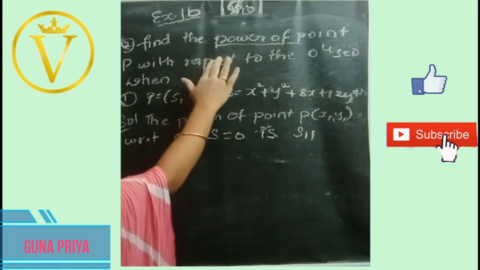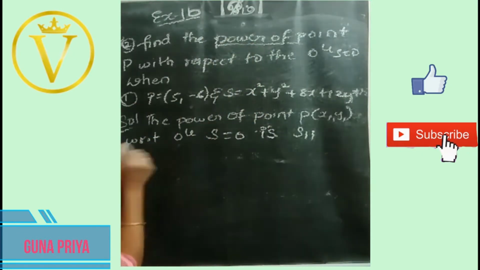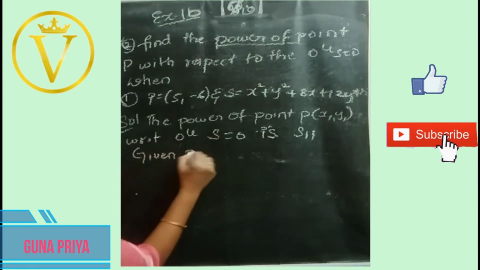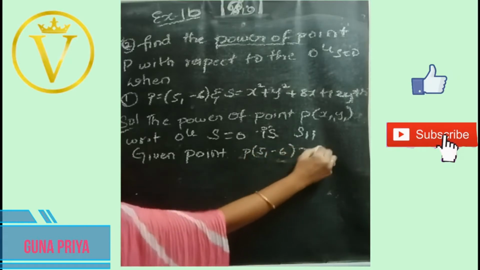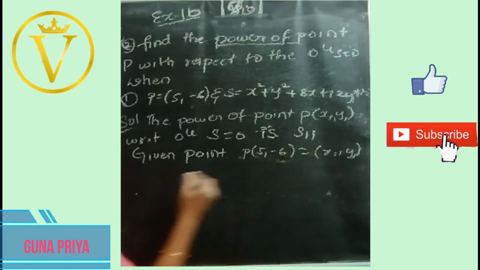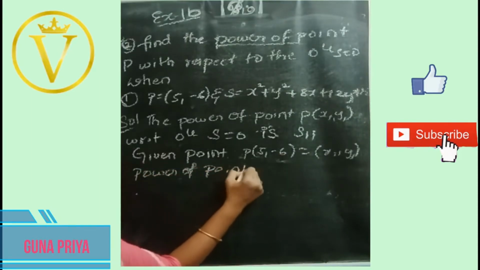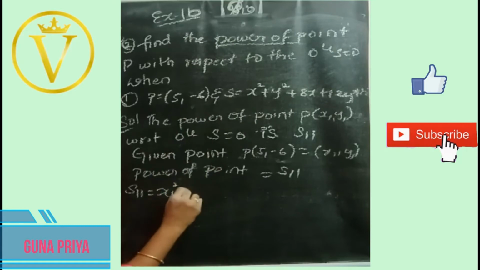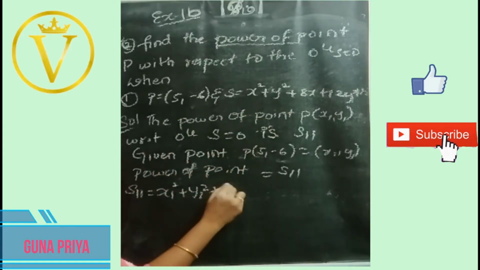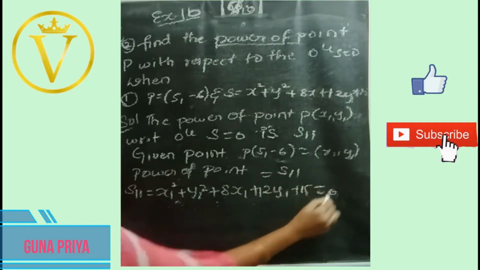Now in this question, the power of point means we have to find only the value. Given point P(5, -6) is (x1, y1). So the power of point is S11. Now S11 means x1 square plus y1 square plus 8x1 minus 12y1 plus 15 equals 0.